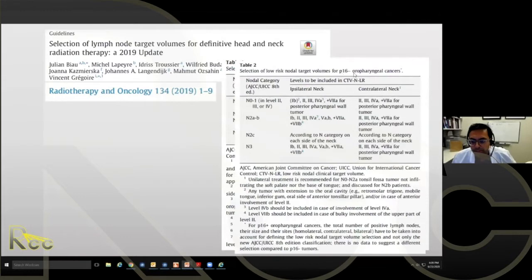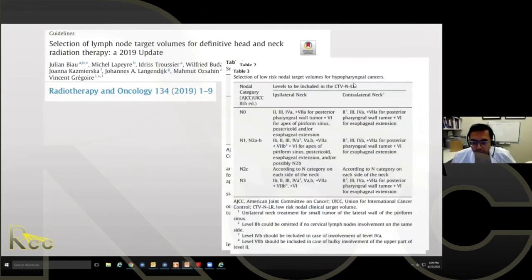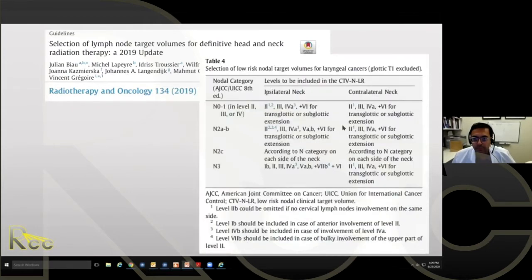When you look at p16 negative oropharyngeal cancers, again, 3 and 4 coverage is indicated for all scenarios, regardless of nodal category. When you look at hypopharyngeal tumors, again, 3 and 4 are always included. When you look at laryngeal cancers, again, I'm getting a little repetitive, but 3 and 4 are always included.